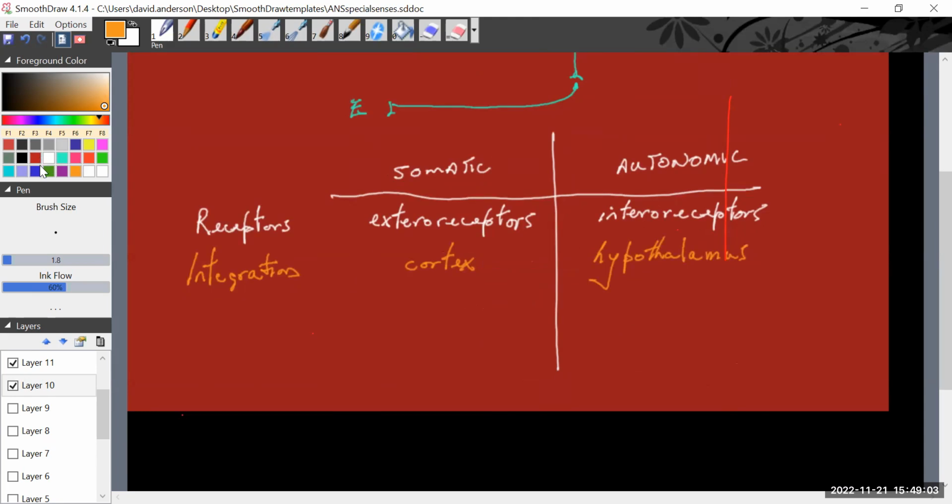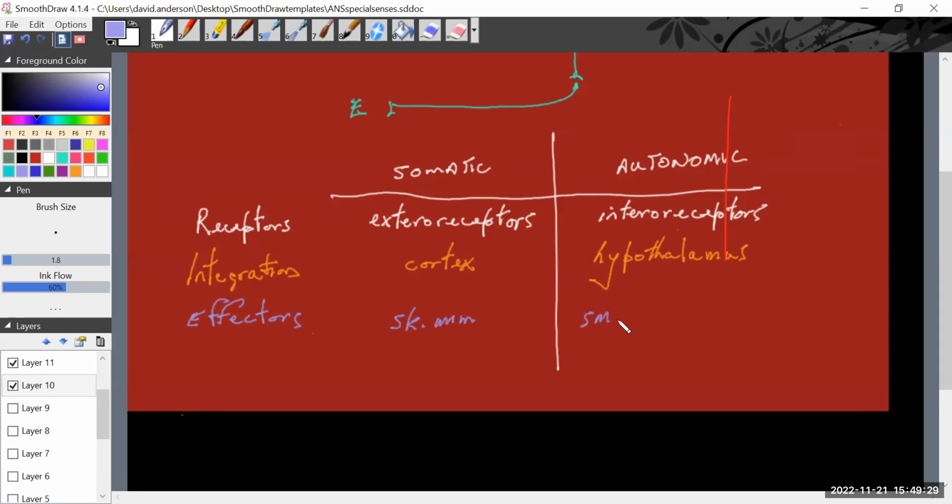And we want to talk about the effectors. So this is a way to sort of summarize the differences between the two motor divisions, the somatic motor and the autonomic motor. When we look at effectors, we know that the effectors for the somatic system are skeletal muscle, and we know that the autonomic ones are everything else.